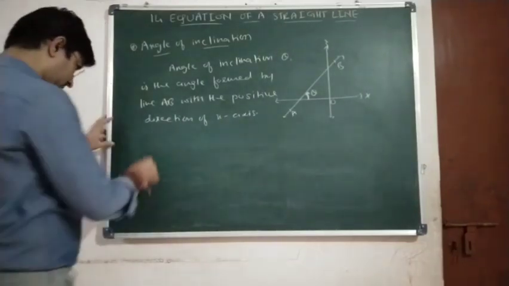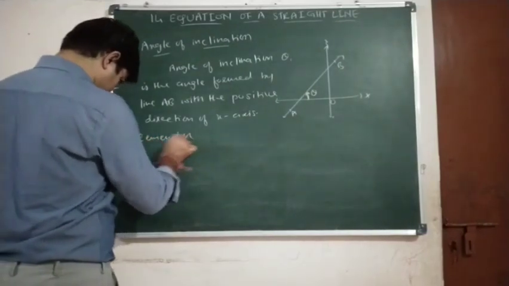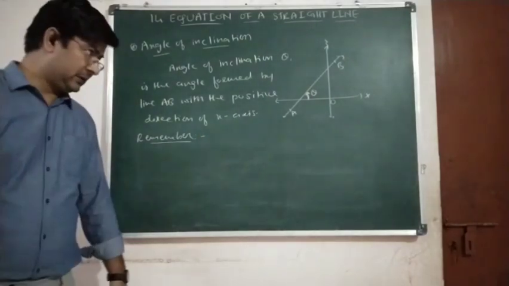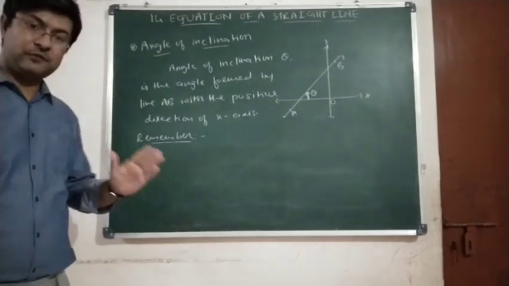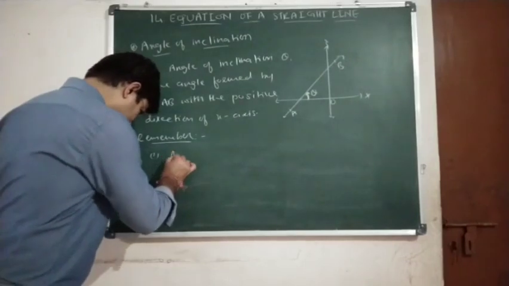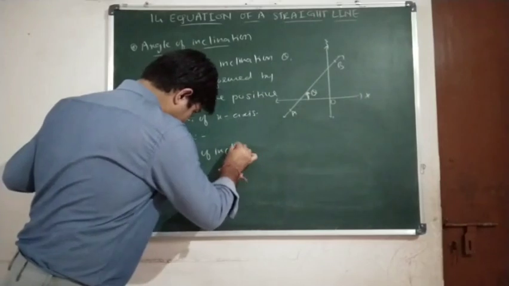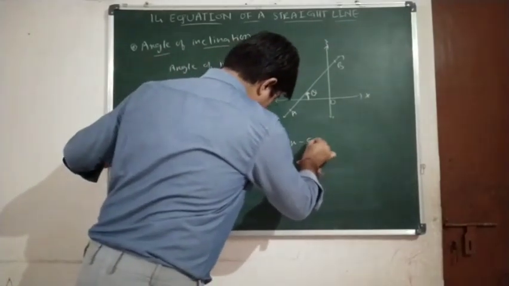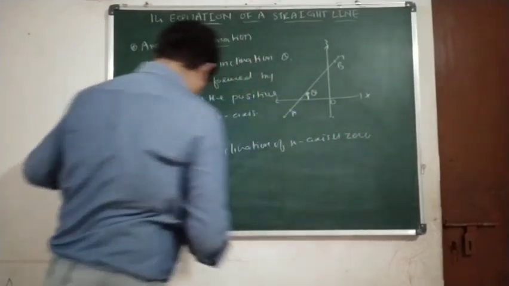Now a few things we should remember. Angle of inclination of x-axis is 0.